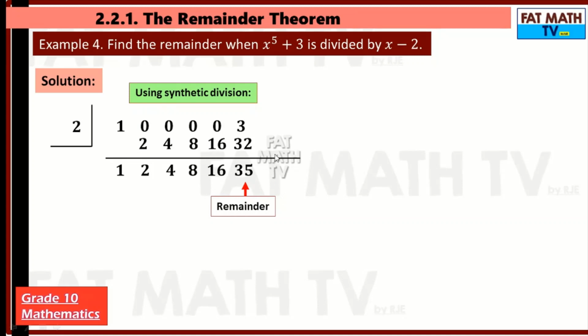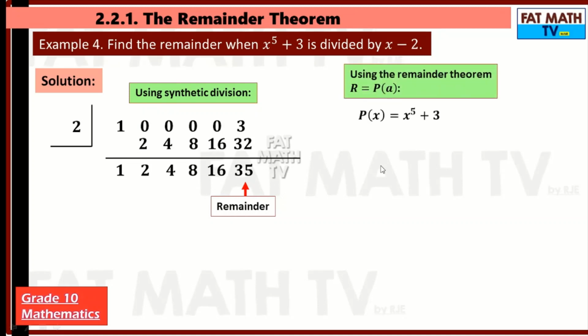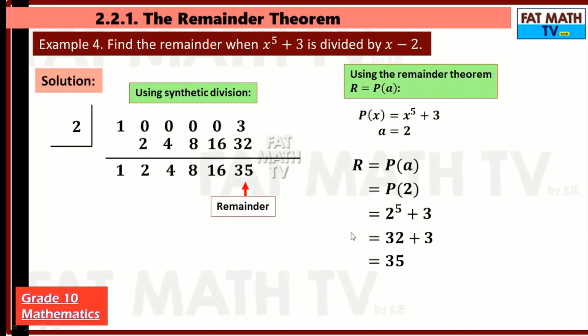This is when you use synthetic division, but if you use the remainder theorem, just solve for p of 2. So p of 2, just replace x with 2. So 2 raised to 5 plus 3 is equal to 32 plus 3, that is 35. As you can see here, the process is just short. But in the previous examples, synthetic division was shorter.